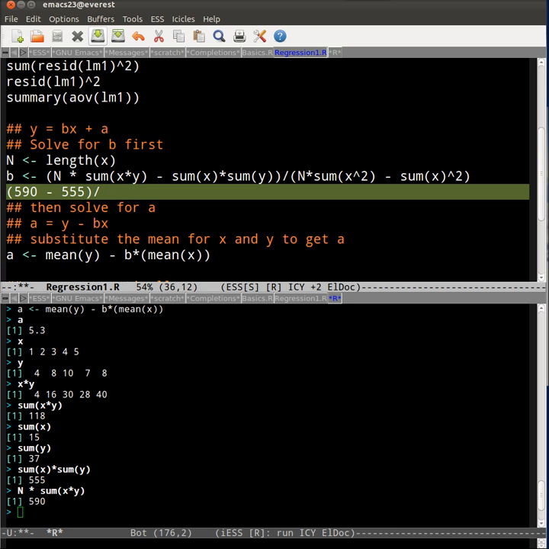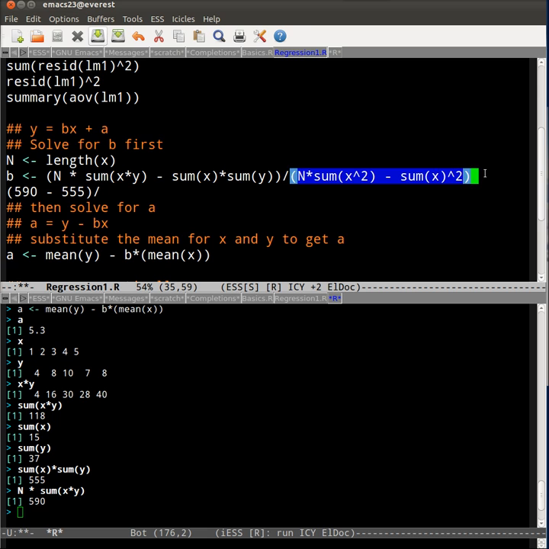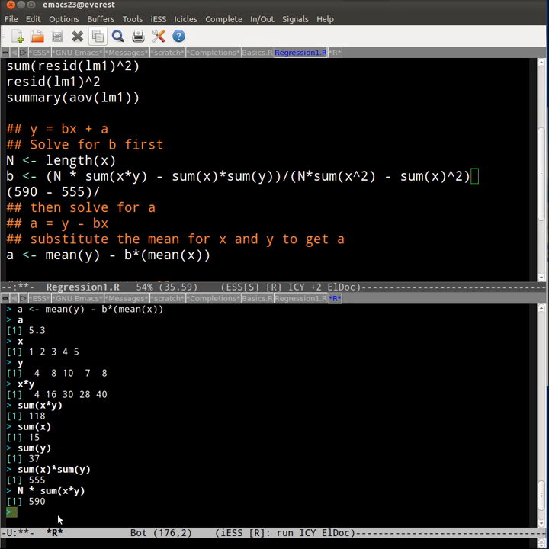And then divide that by this part here. Now you notice in the denominator, all we have are x's. So let's do these x operations. This is n times the sum of x squared. That's 275.